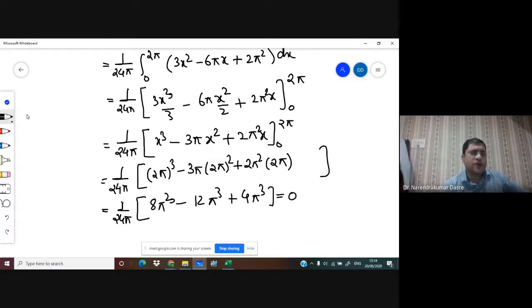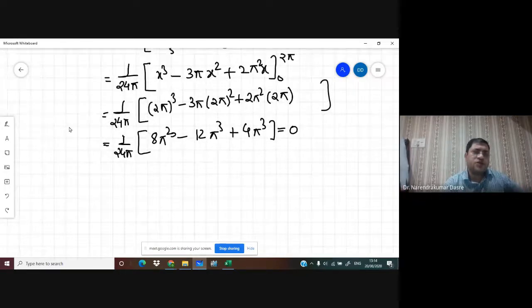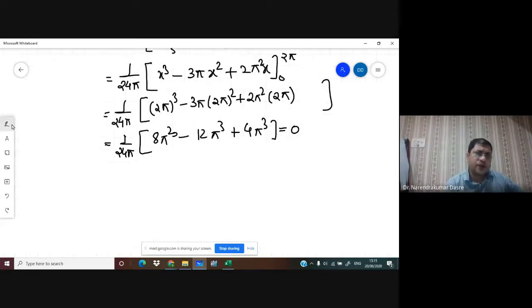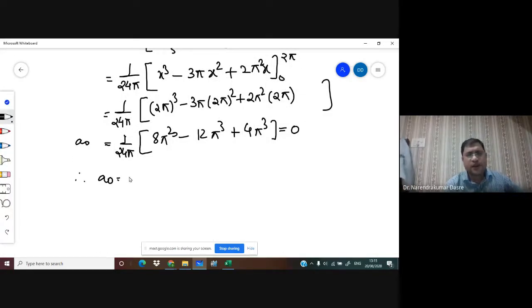So we can have 4 pi cube plus 8 pi cube, 12 pi cube, minus 12 pi cube. So it will be 0, and hence we obtain here a0 equal to 0.